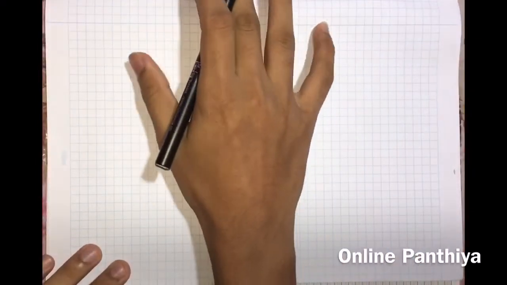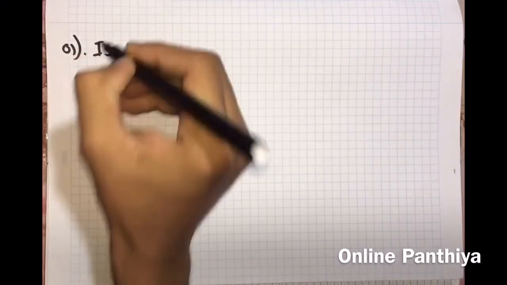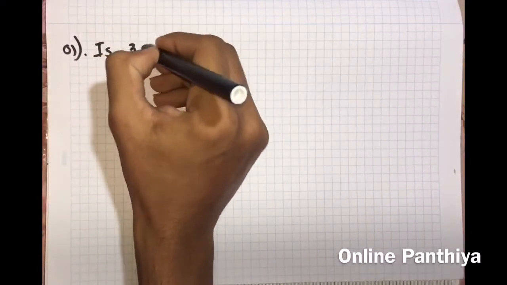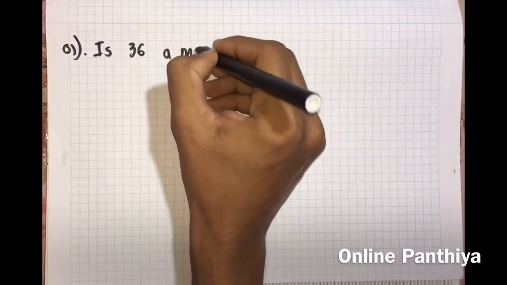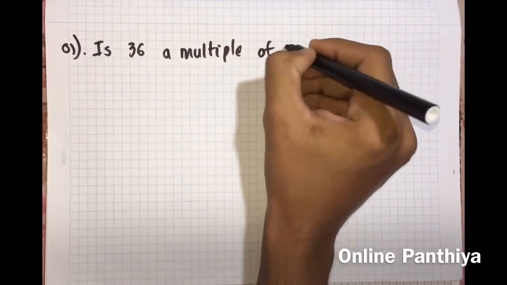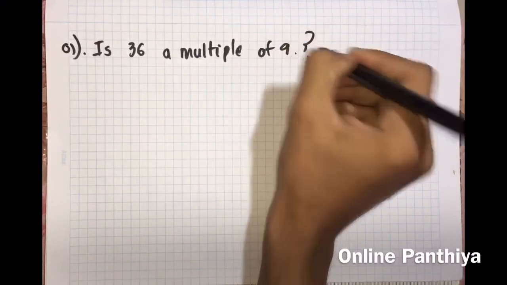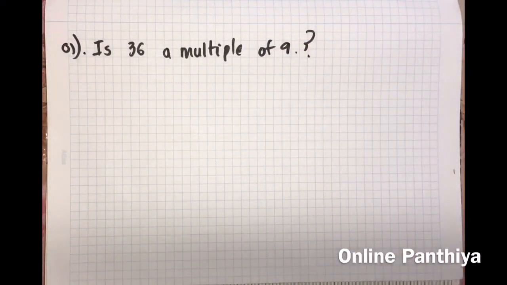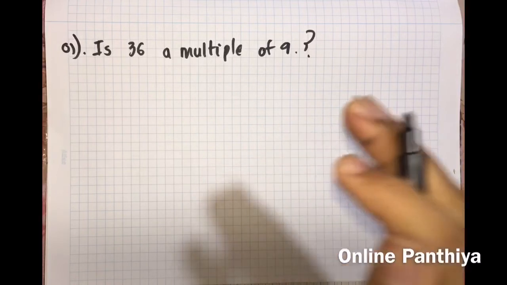And one more. This is another type of question. Is 36 a multiple of 9? They're asking you, how do you check? Okay, is 36 a multiple of 9?